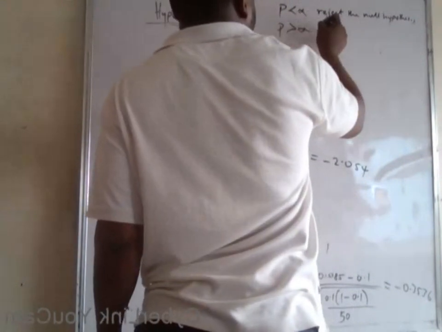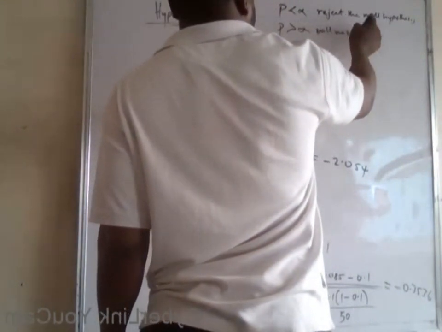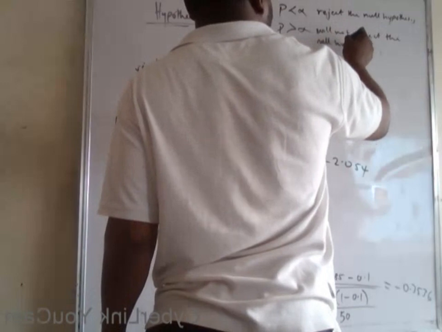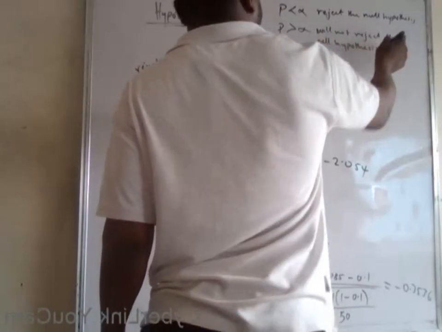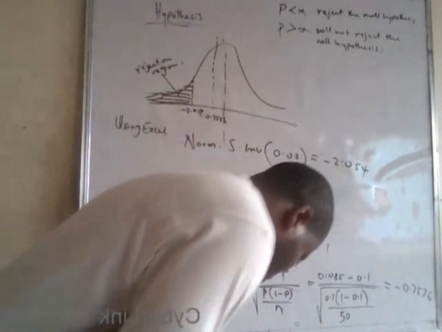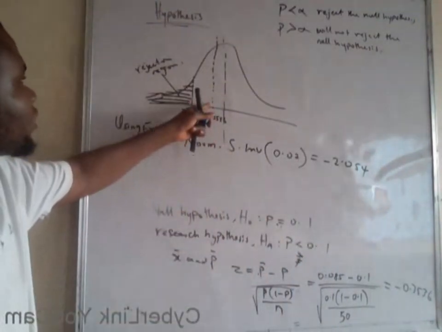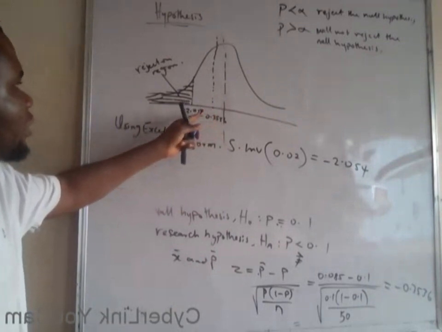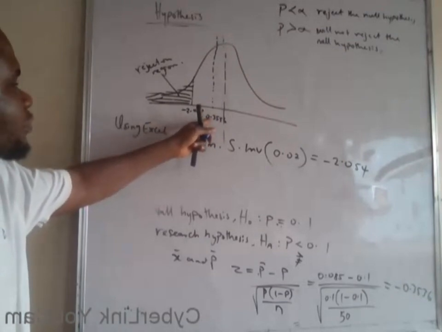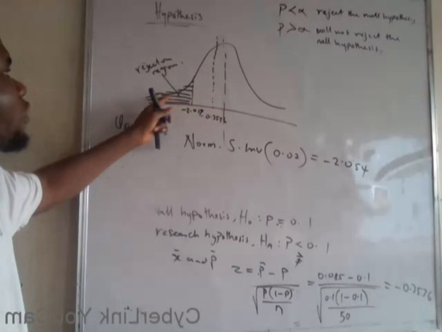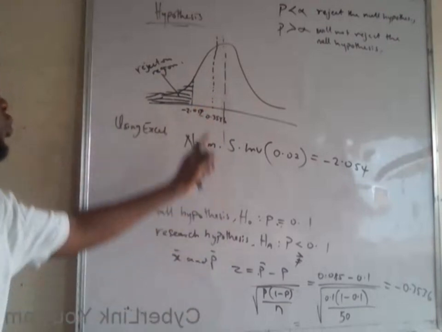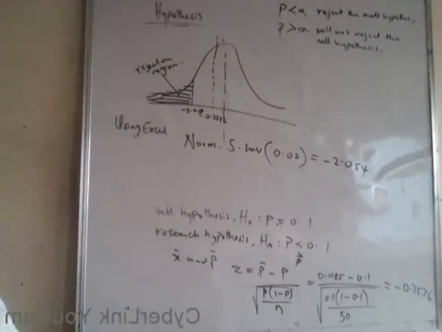And if p is greater than alpha, we will not reject. So from here we can see that since our z-score, which is minus 0.3536, did not fall in the rejection region, we will not reject the null hypothesis.